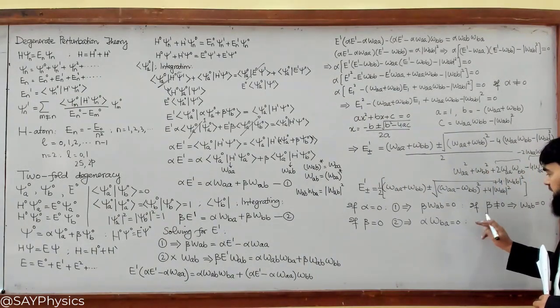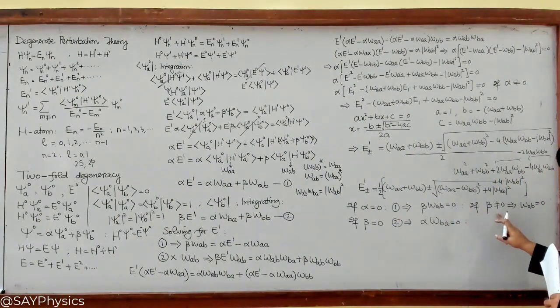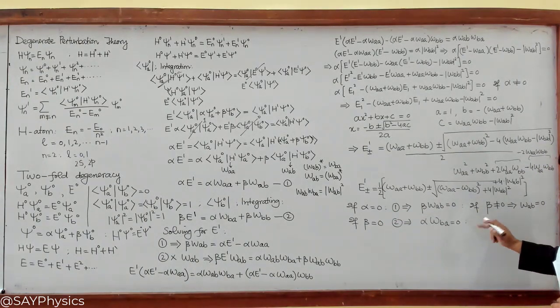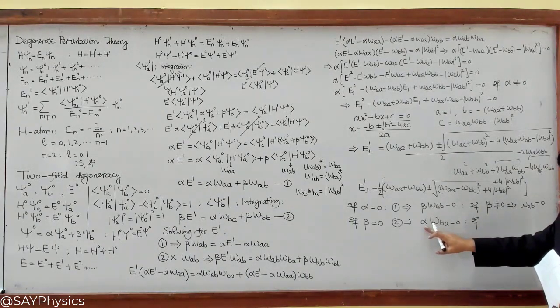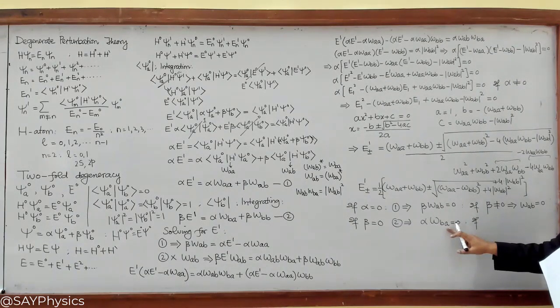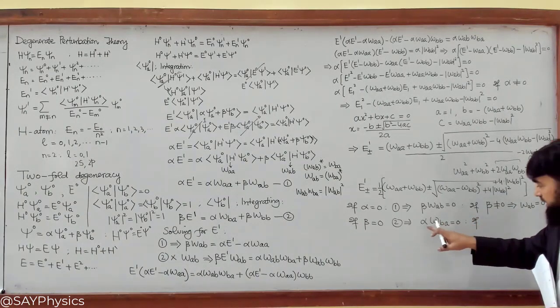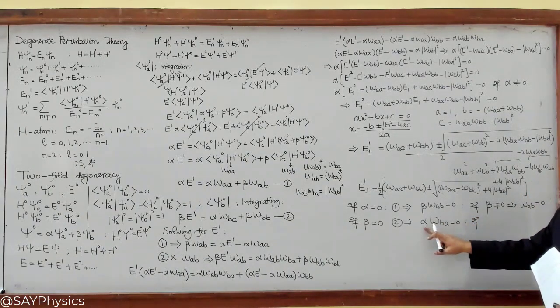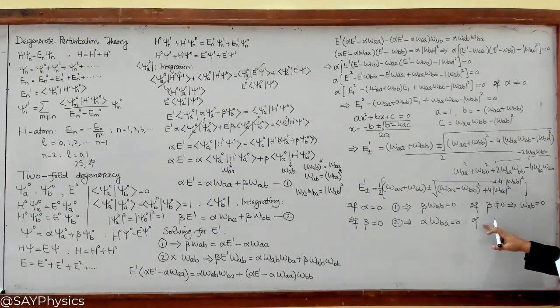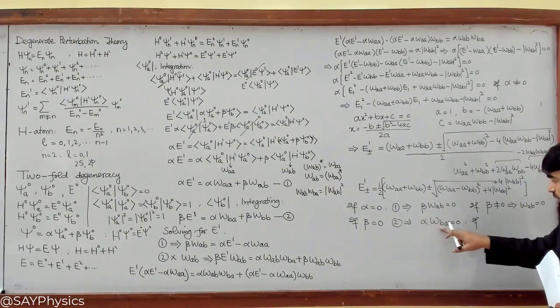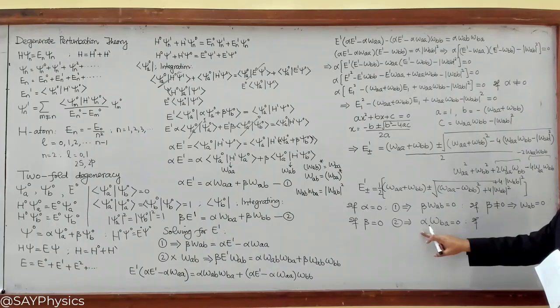And if alpha is non-zero, then WBA is 0. BA is just the conjugate of WAB. So you are again at that situation, right? But if alpha is 0, then this value is non-zero because this is 0.